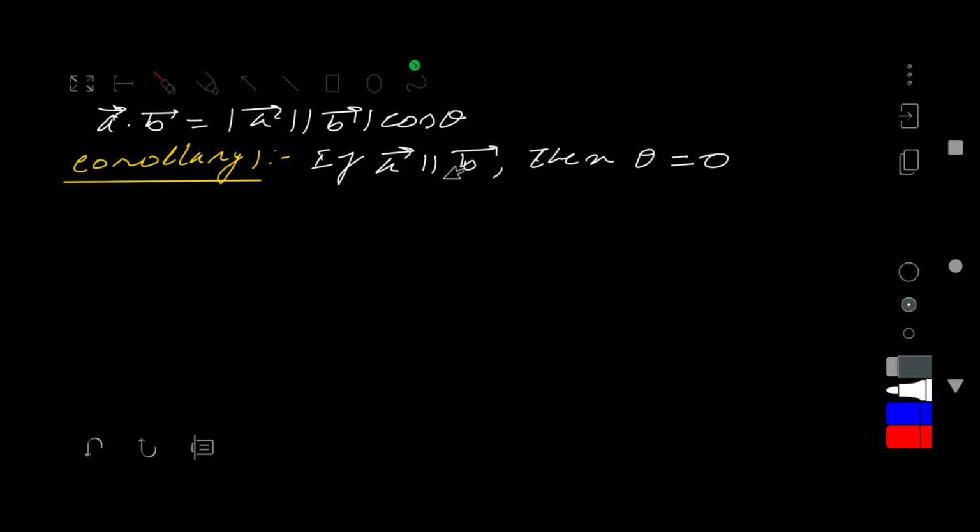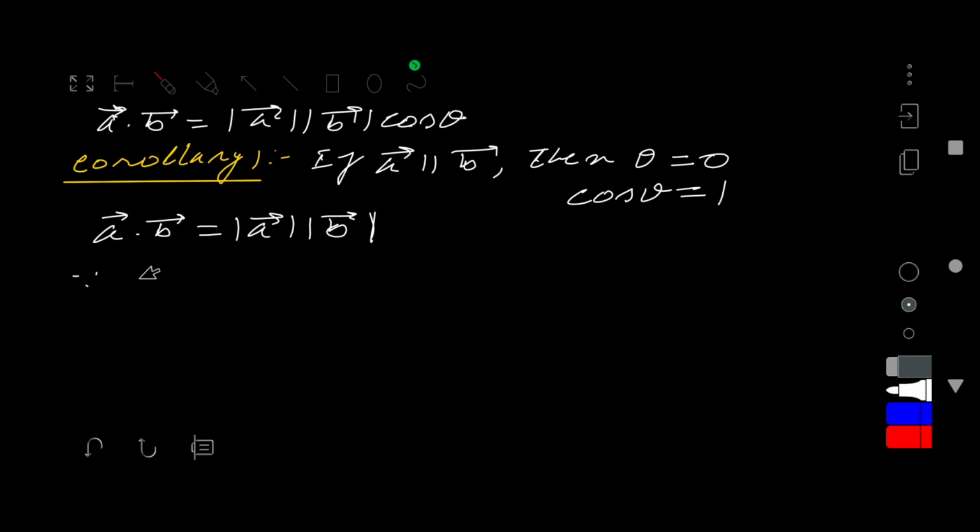So if theta is equal to 0, cos theta is equal to 1, because cos 0 is 1. So putting cos theta is equal to 1 in this definition, we have A vector dot B vector is equal to magnitude of vector A into magnitude of vector B.